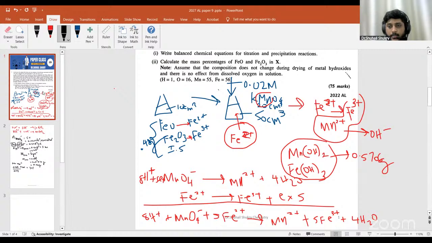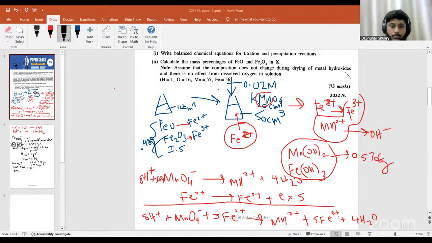From this, these precipitates came from whom?